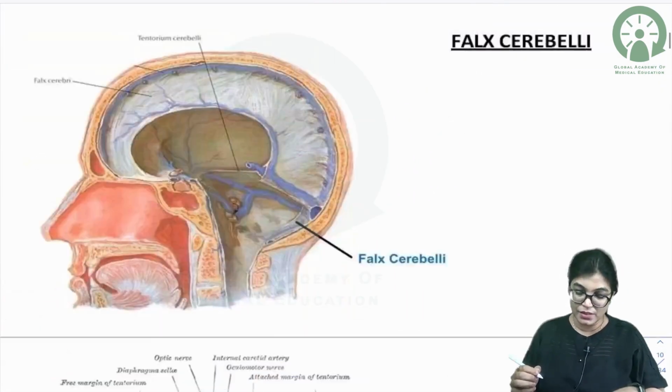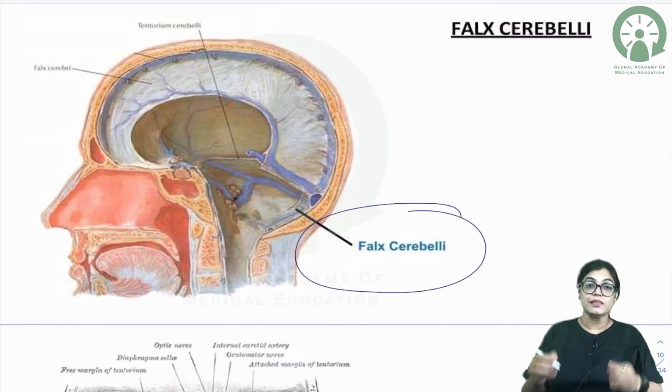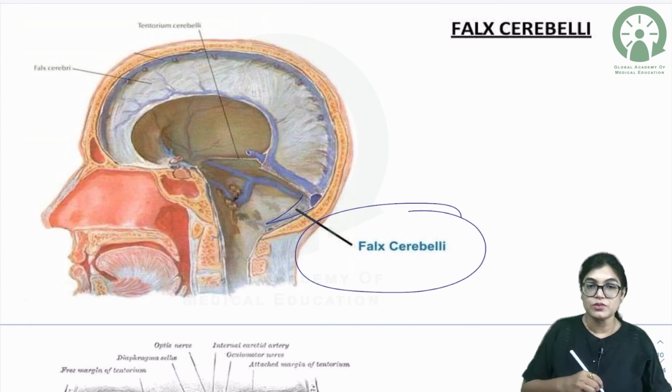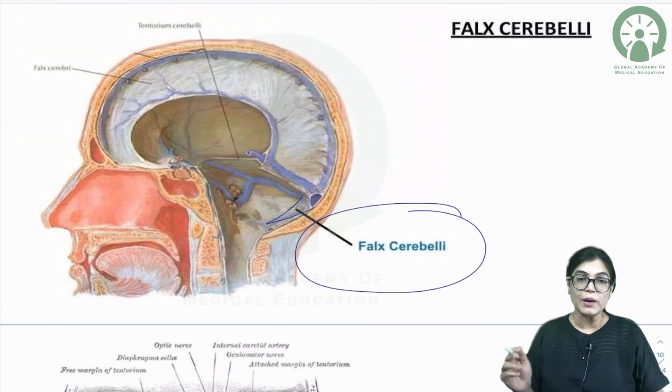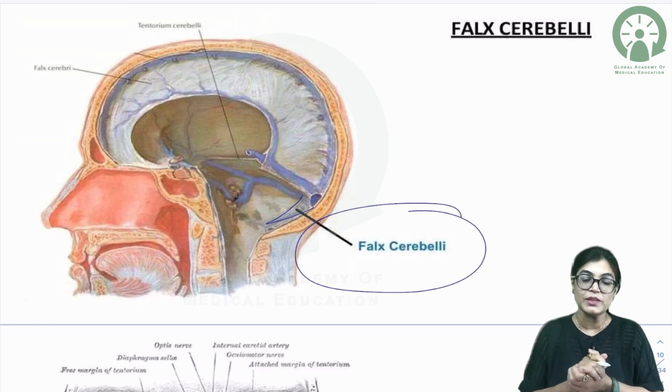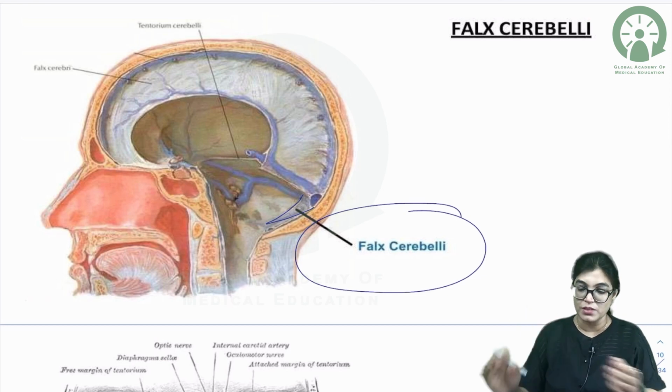Now, next comes the falx cerebelli. Where is it located? It is a very small sickle shaped fold of the dura mater, located between the two cerebellar hemispheres, and it contains one sinus, that is the occipital sinus.